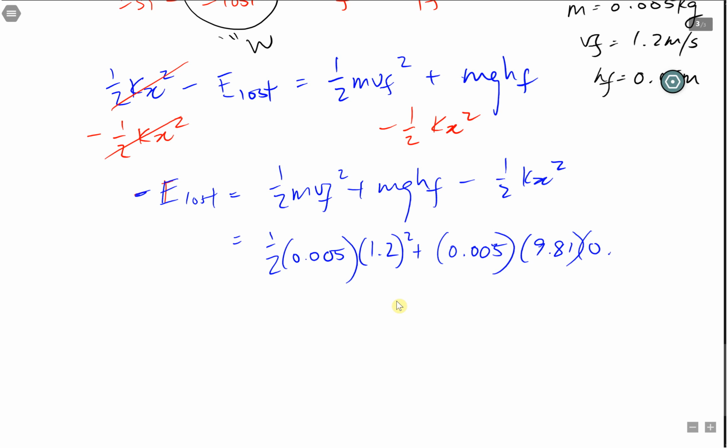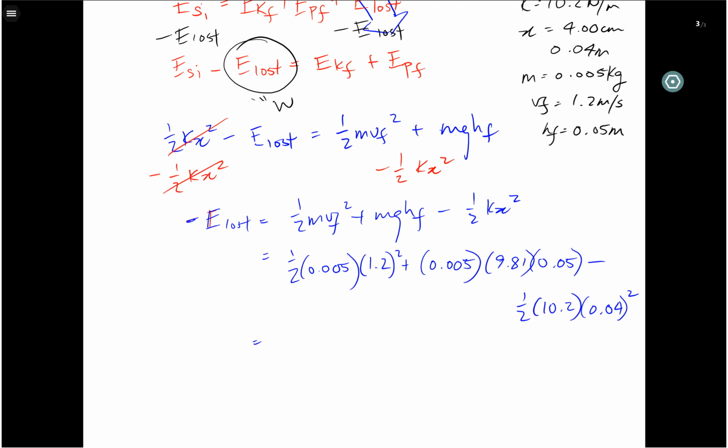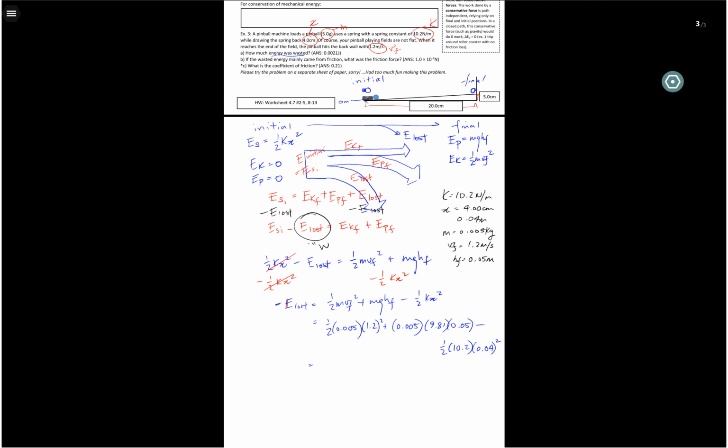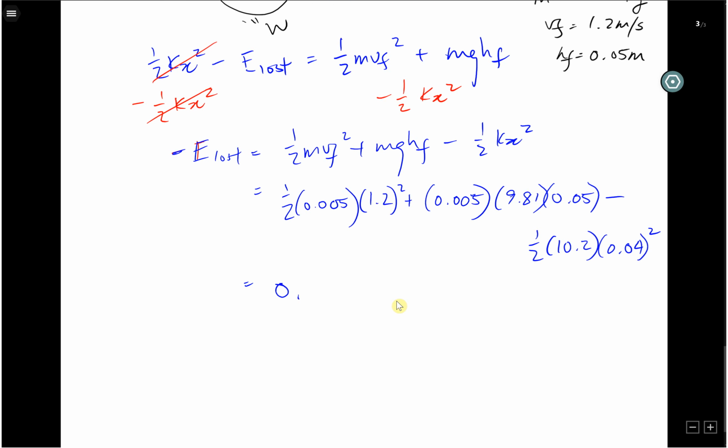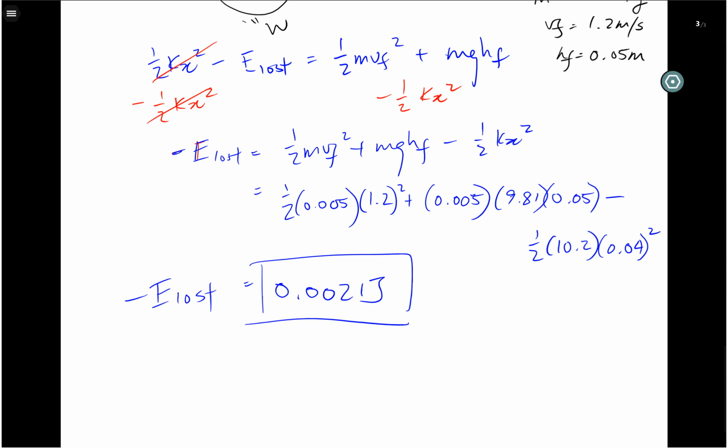The height, 0.05, minus 1/2 times 10.2 for the spring, and the displacement, which is 0.04 squared. After you substitute in everything properly, you should have 0.0021 joules. This is negative E lost, or that's the energy that you lose.